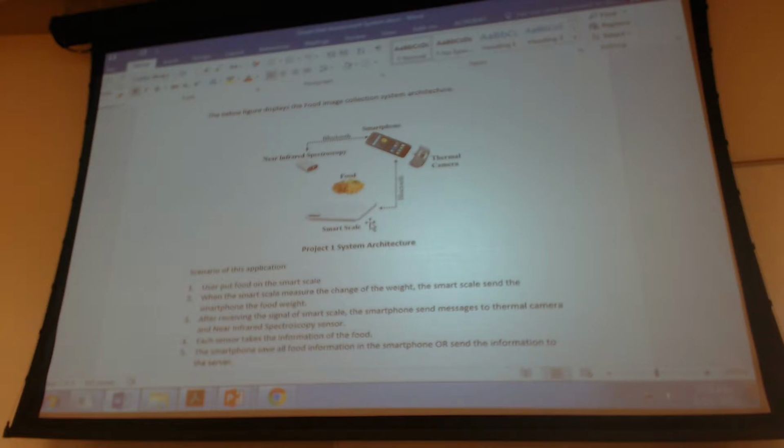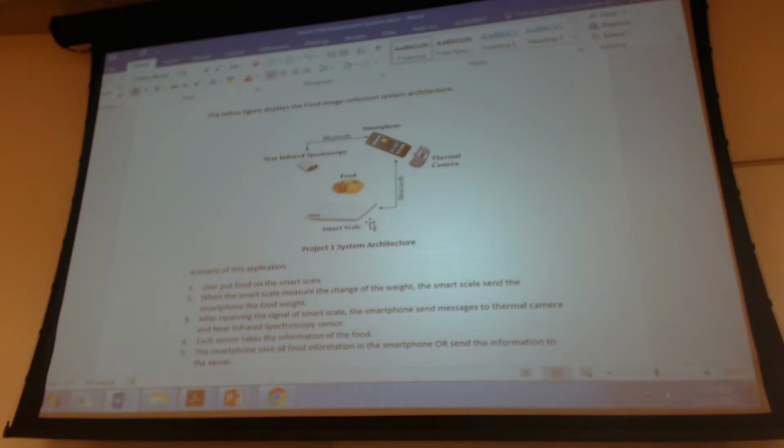So first step is you have to establish those connections. You have to write some plugins, some code to establish connections between smart scale, near infrared spectroscopy, and thermal camera. That part is pretty easy because we already have it. It's just a part of making a user interface for the application.